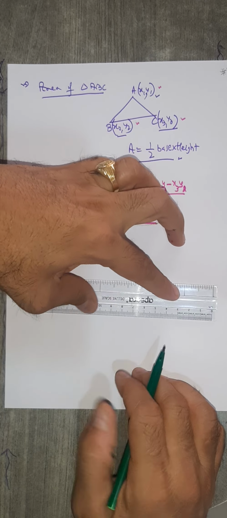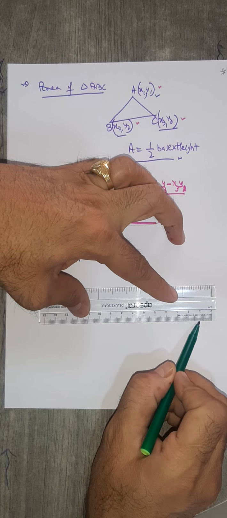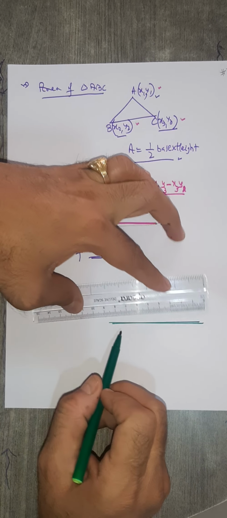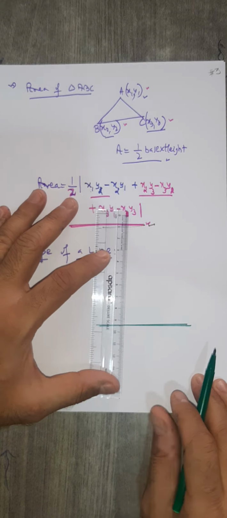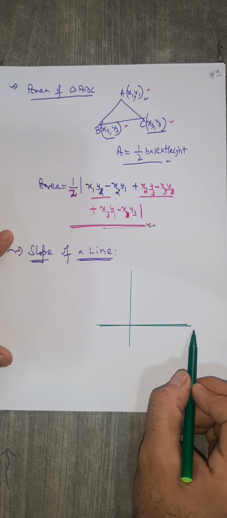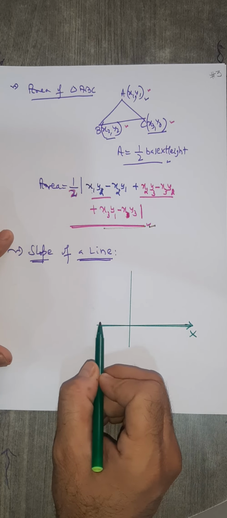X-axis means ground. Let me show it. For example, this is the x-axis here. I'll just show two coordinate axes. This is the y-axis. The x-axis is always parallel to the ground.